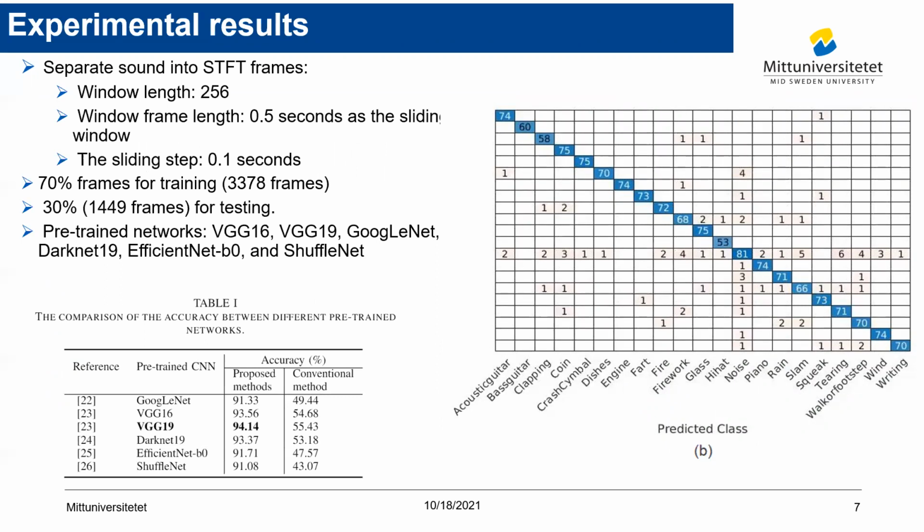The overall classification accuracy of frames reached the best accuracy of 94.14% using VGG19, as shown in the table. The confusion matrix classified frames of 20 sound classes and 1 noise class. Any frames that do not belong to any of the 20 sound event classes were classified into the noise class.